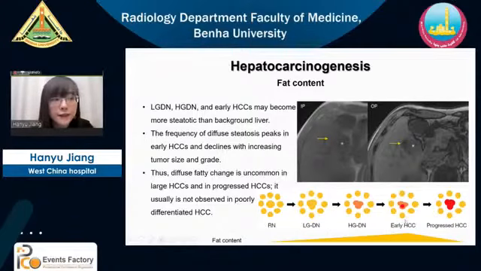The frequency of diffuse steatosis peaks in the early HCCs and declines with increasing tumor size and grade. Thus, diffuse fatty change is uncommon in large progressed HCCs. It usually is not observed in poorly differentiated HCC.